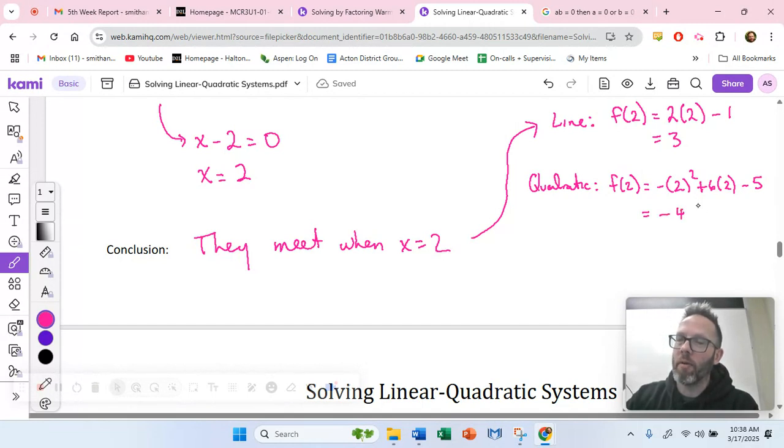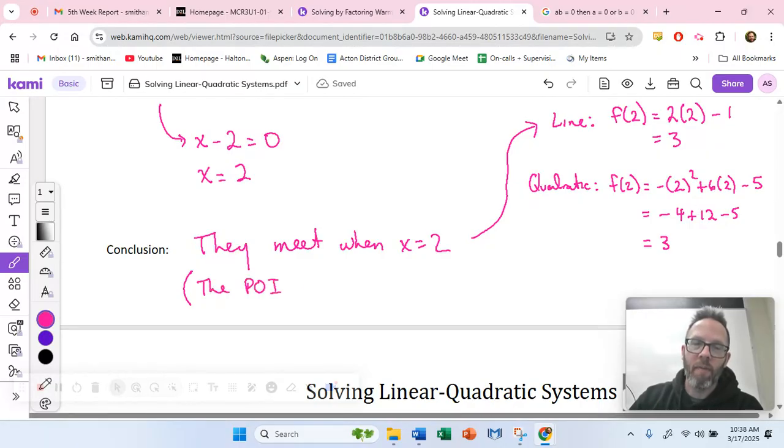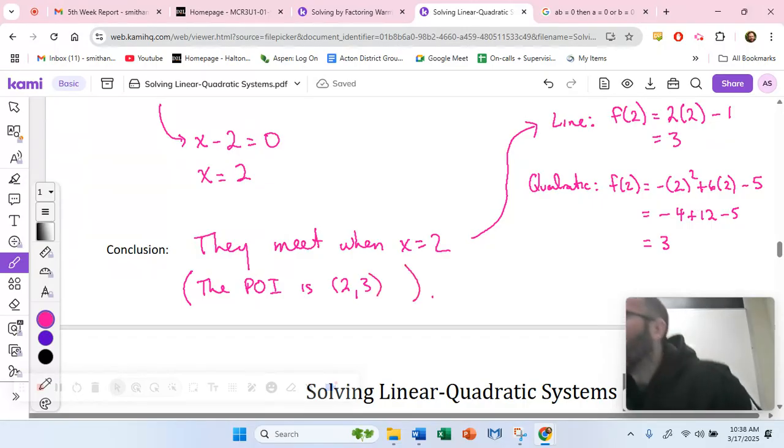That's minus 4. 6 times 2 is 12. Minus 5. Hey, look at that. Minus 4, 12, and minus 5. We get 3 as well. So I'm going to add in brackets down here that the point of intersection is 2, 3. So we just showed how to get the y value too.